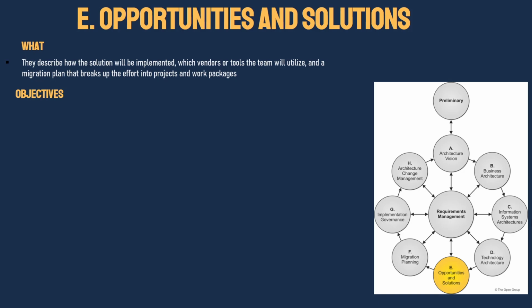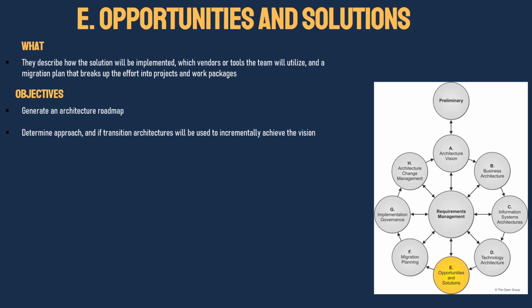Our major objective here is to generate an architecture roadmap. We also want to determine the approach and if we need to have stepping stones or a transition architecture along the way so that we can incrementally achieve our final goal.